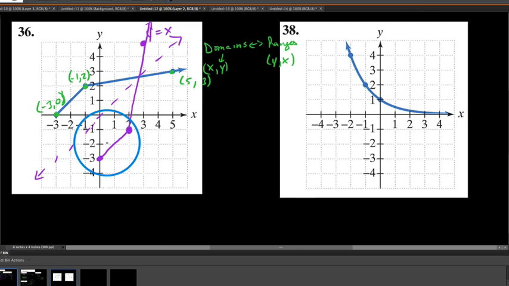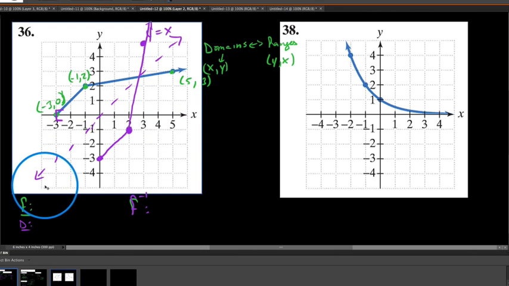So one thing that I want to do here is find the domain of the original, which I'm just going to call f, and the domain of the inverse function, which is in purple here, f inverse. The domain of the original would be all x values from -3, including -3, on to the right.